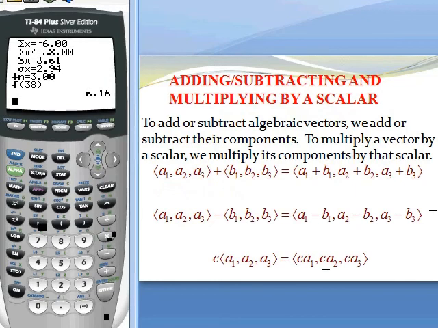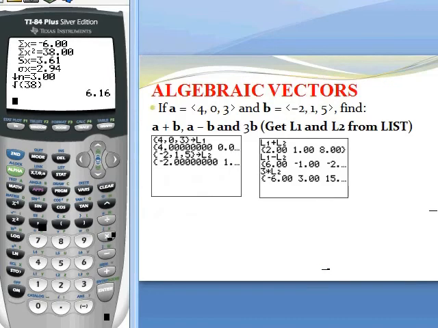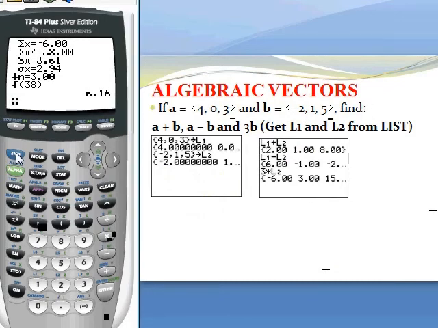Now let's say I want to add, subtract, or multiply by a scalar and do that with vectors. Let's do that with an example. I have vector 4, 0, 3, and -2, 1, 5. So what I want to do is get those into lists.